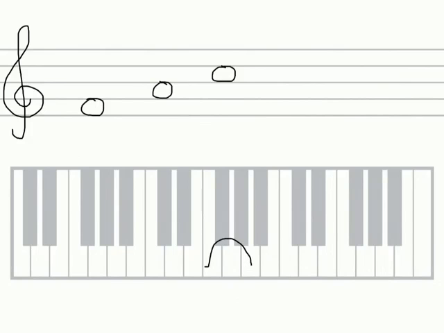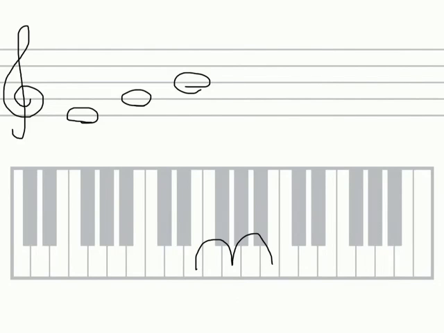Skip, skip. Now, when we go from a line note to a line note, like this, these are our line notes. Again, we're skipping from an E to a G to a B.